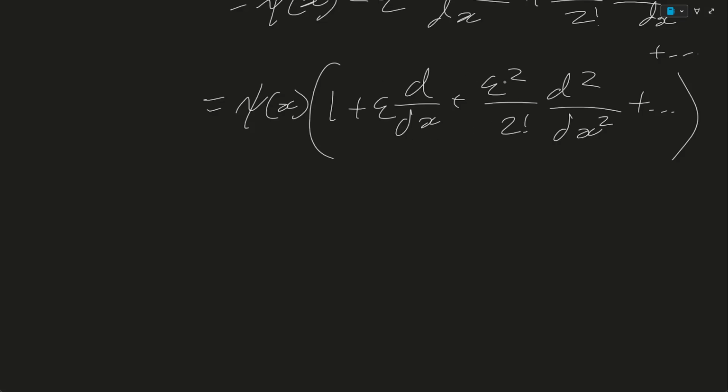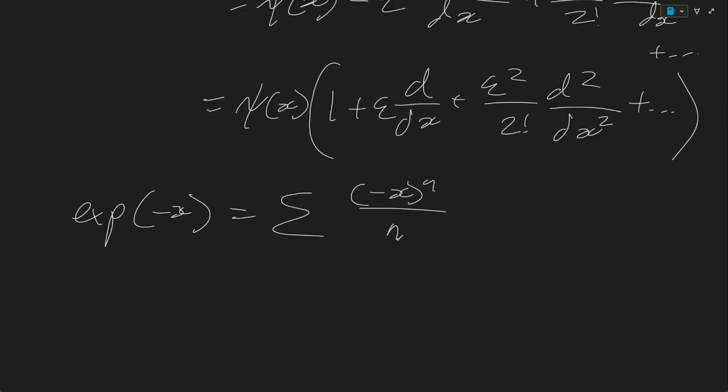Well, what do we have here? This is the exponential operator. This is actually exp of minus x, being the sum of minus x to the n over n factorial. Which I realise I don't represent very well there because there's no negative sign, so that should be a negative.